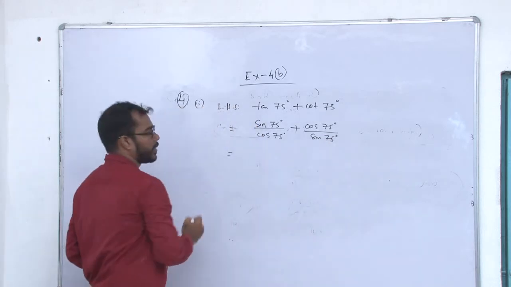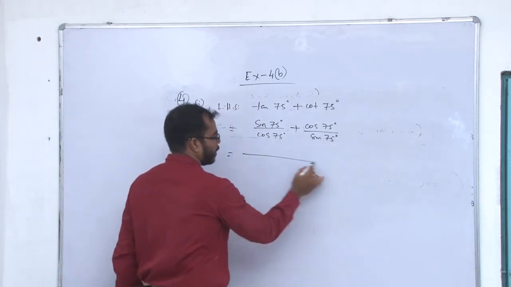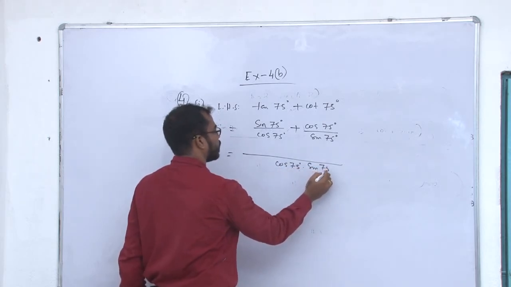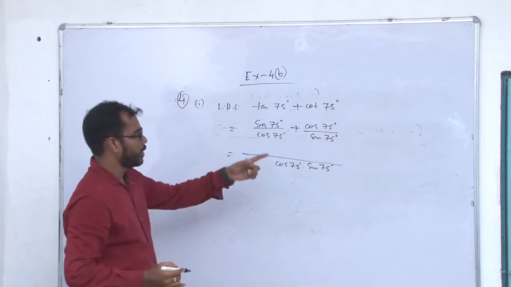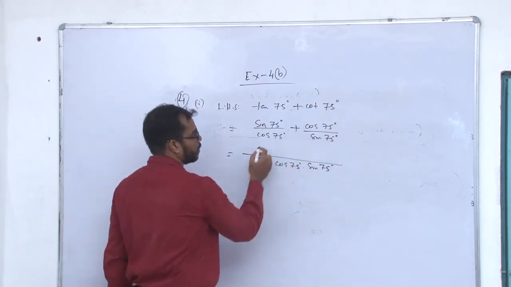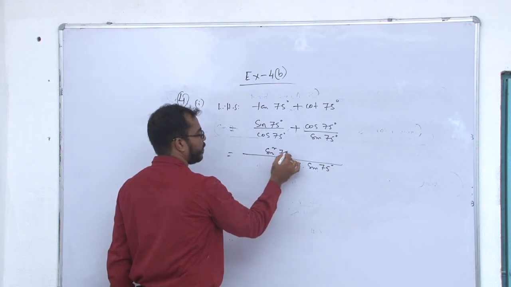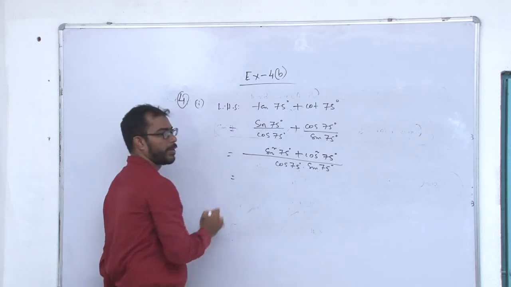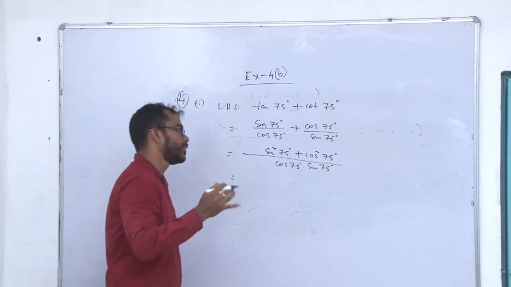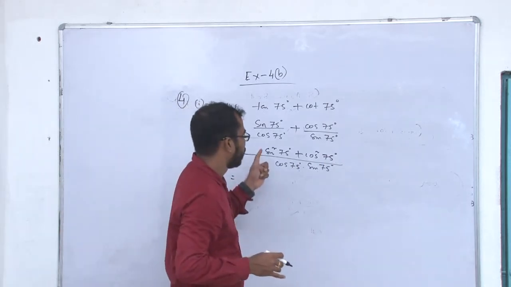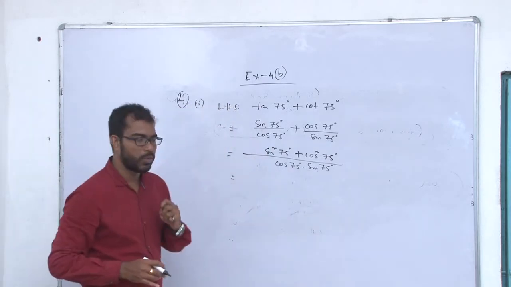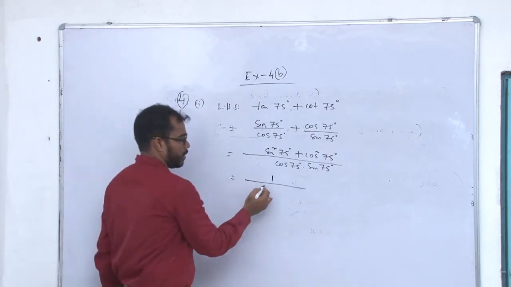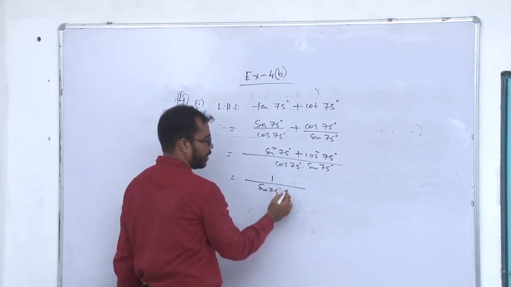Now we can take the LCM, and the LCM is cos 75 degree into sine 75 degree, and in the numerator we get sine square 75 degree plus cos square 75 degree. As you know, in class 10, sine square theta plus cos square theta is equal to 1. So here we can write 1 by sine 75 degree into cos 75 degree.